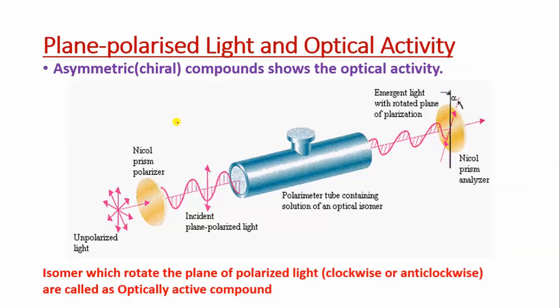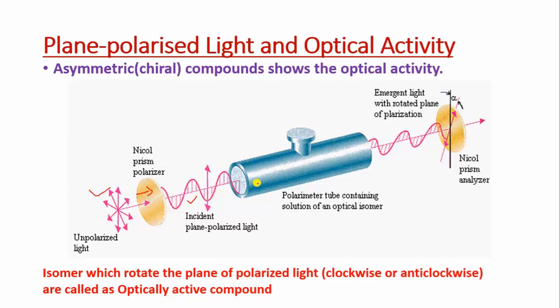In this diagram, we can see how the polarimeter rotates the plane polarized light by an optical isomer. You can see here, ordinary light passes through a polarizer and is converted to plane polarized light.